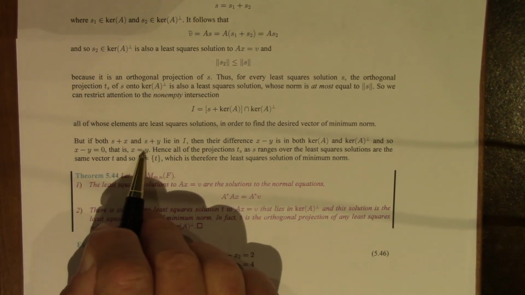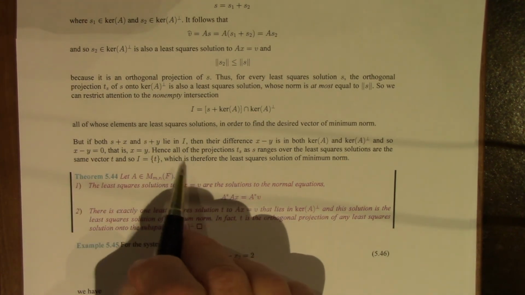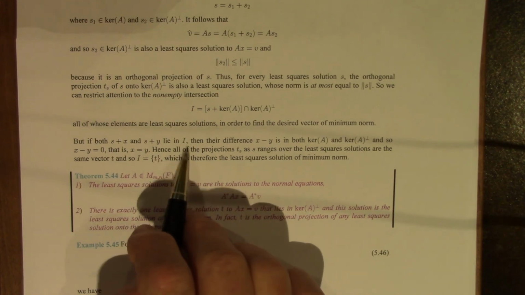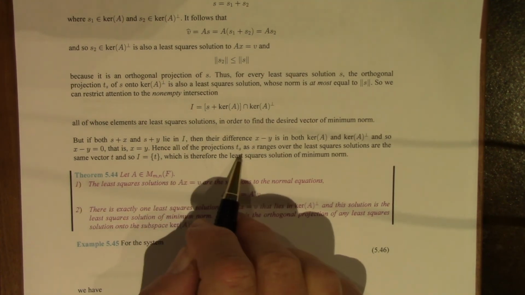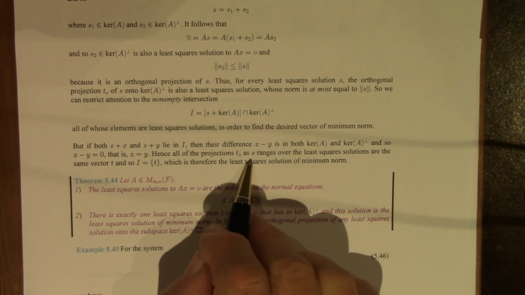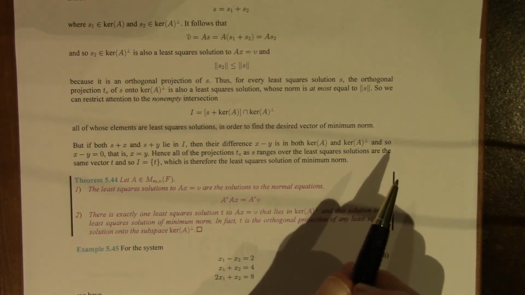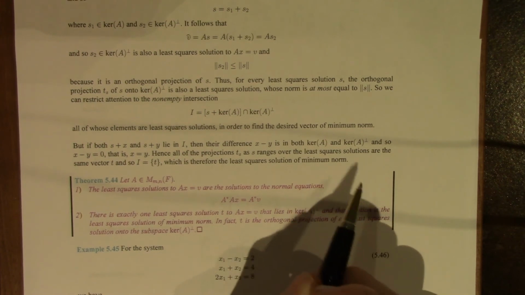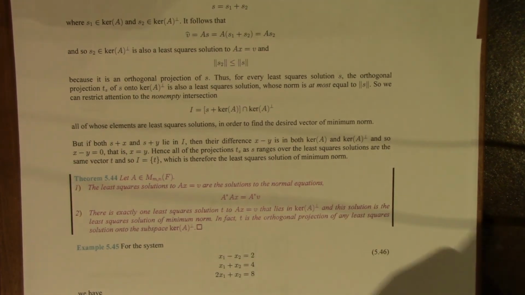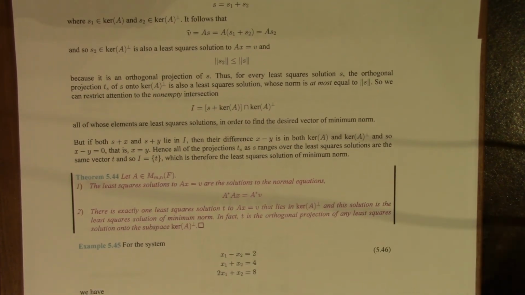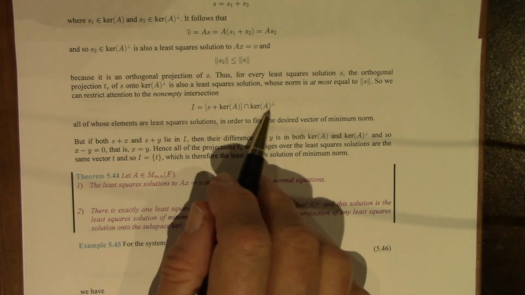and x equals y. In other words, all of the projections T sub s, as S ranges over the least squares solutions, are the same vector. You get the same vector no matter which least squares solution you project onto kernel of A perp.